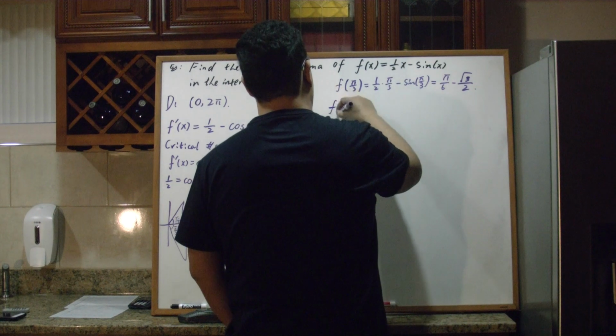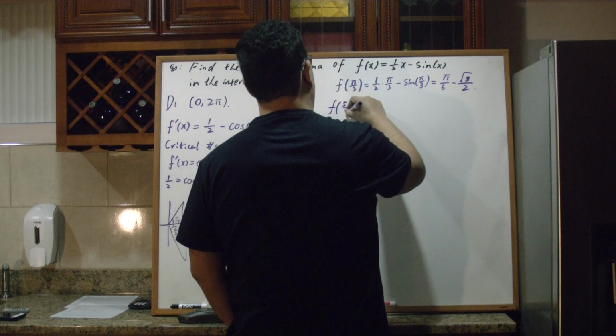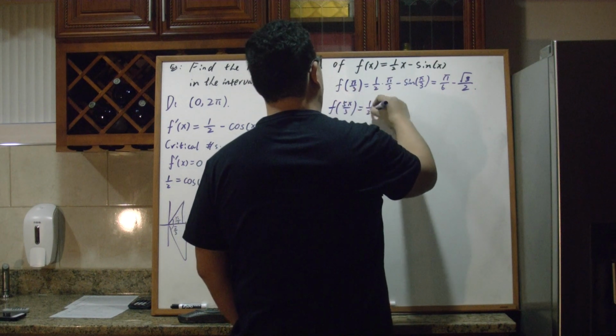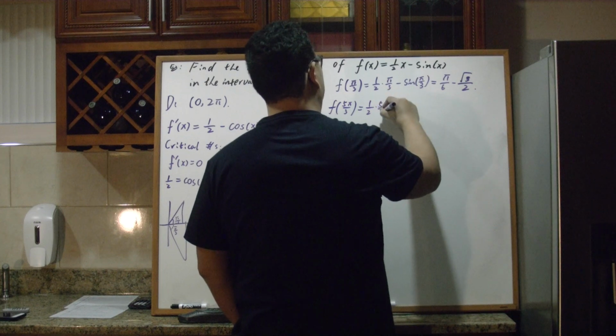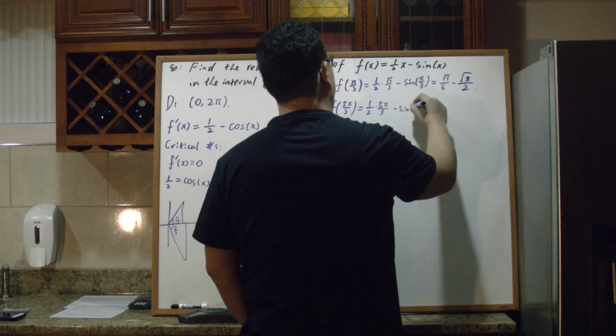And therefore at 5 pi over 3, that's 1/2 times 5 pi over 3 minus sine of 5 pi over 3.